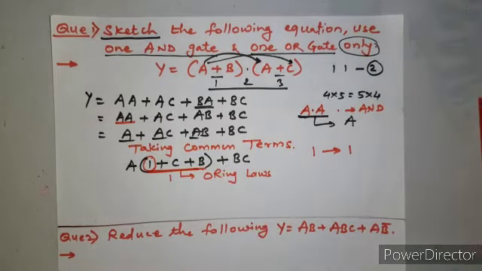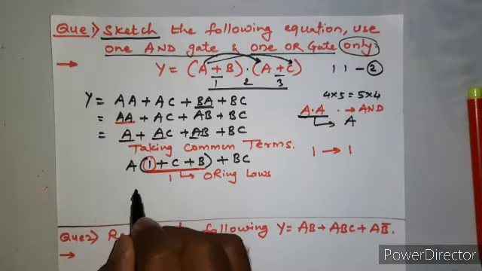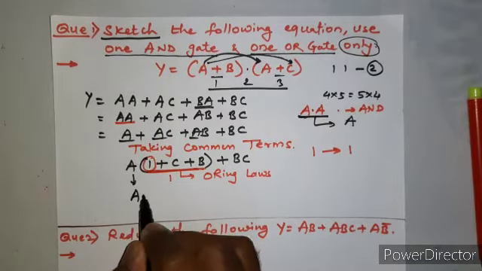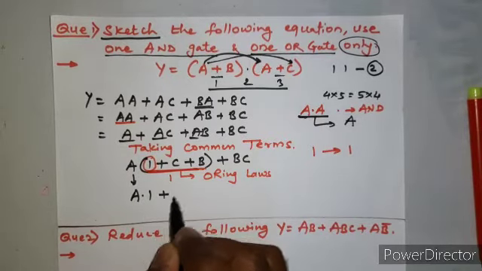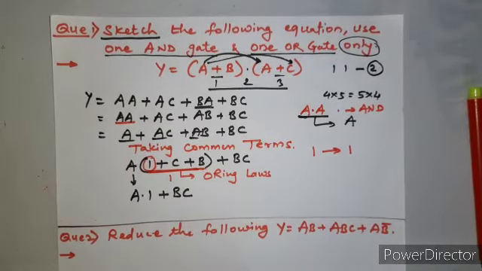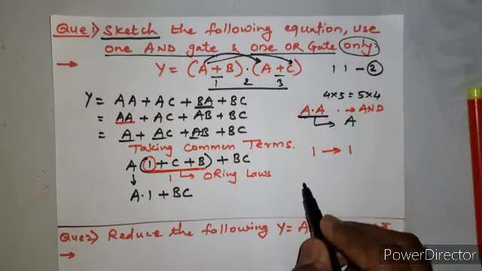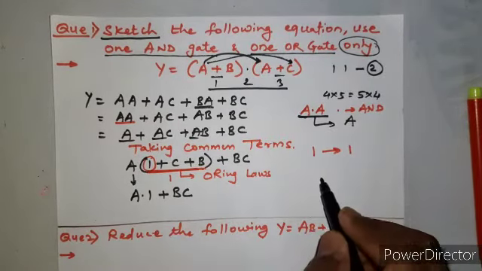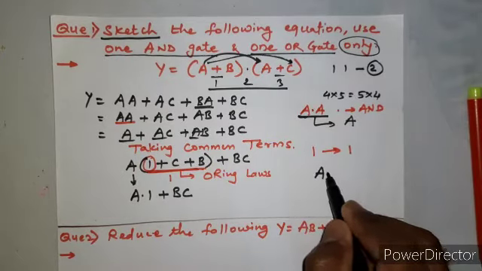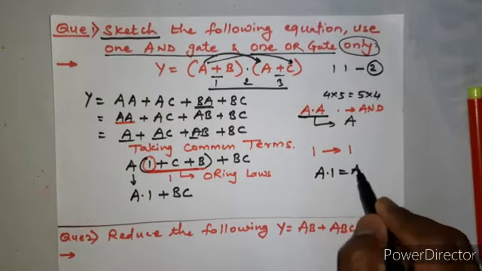Then we have this A dot 1 plus BC. This dot means AND, so we have one more ANDing law which states that A dot 1 is equal to A.